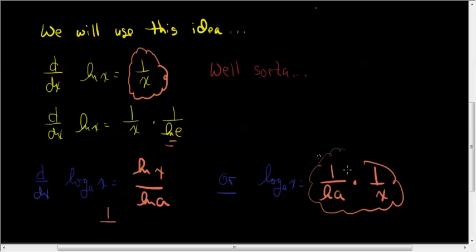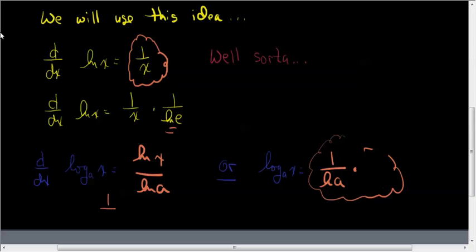Whoops, that's not right, hang on. I took the derivative before I was supposed to. All right, this would be 1 over natural log of a times the natural log of x. So the derivative, there it is, that's what I was looking for. So this is just a constant, right?